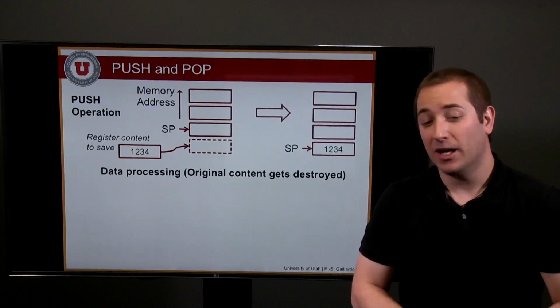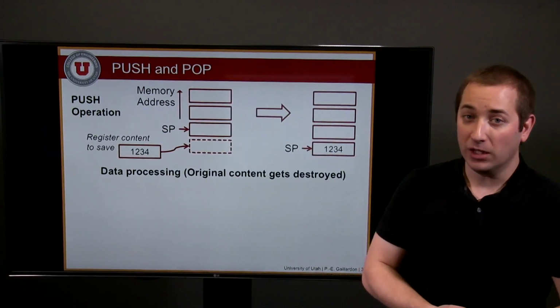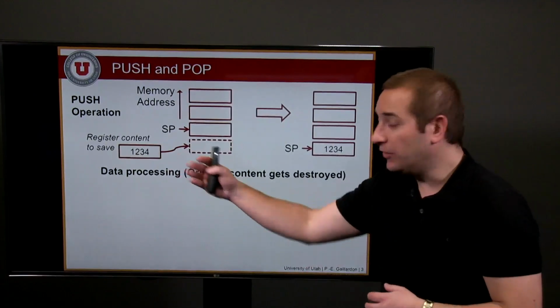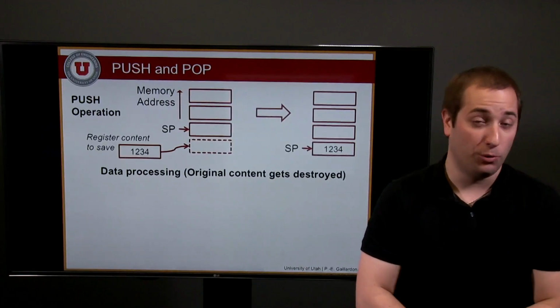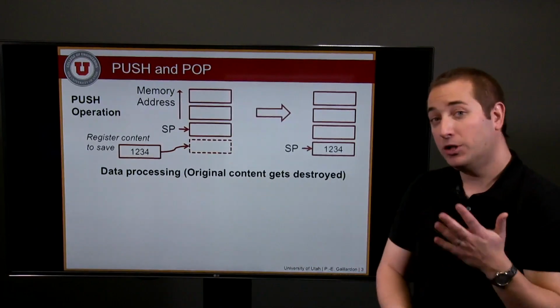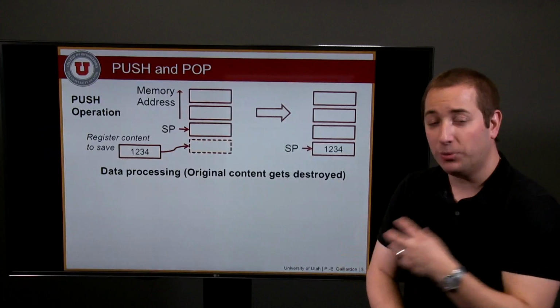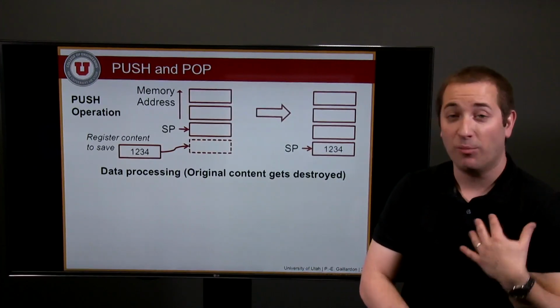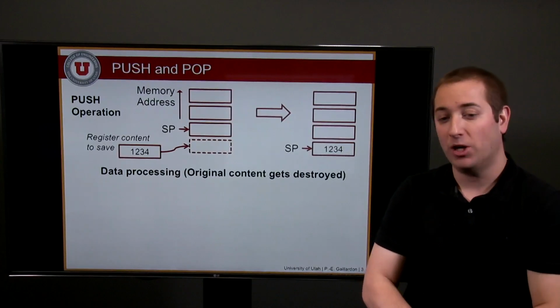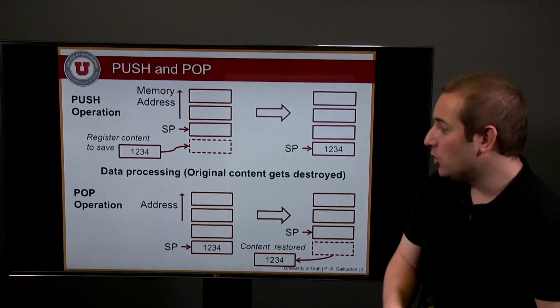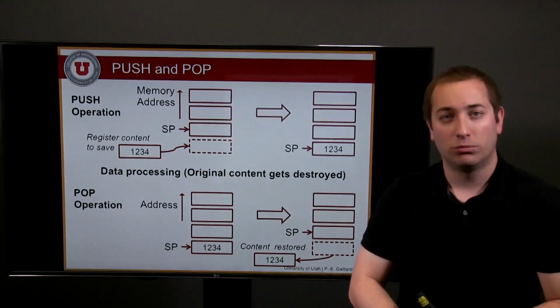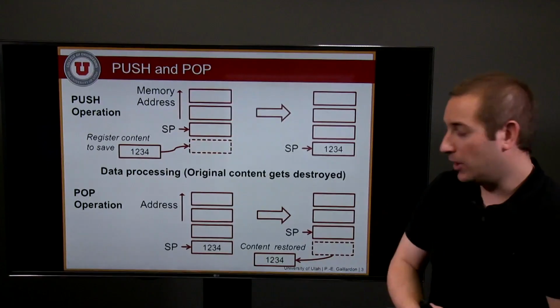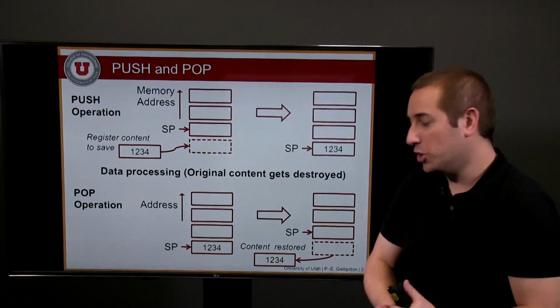Once you have pushed some data, you can have some data processing, meaning that the original content of your register is going to get destroyed. And after you're done with that, you might want to retrieve the initial value of this register. So it's again a temporary store of your operations. In order to do that, you will run the pop instruction. What does a pop instruction do?